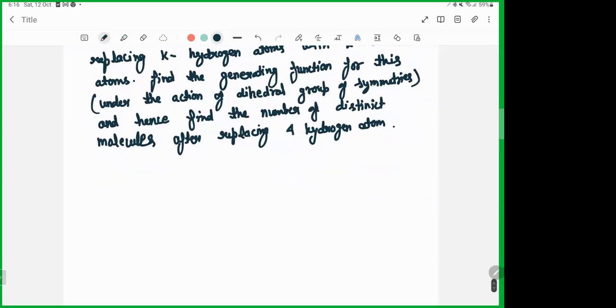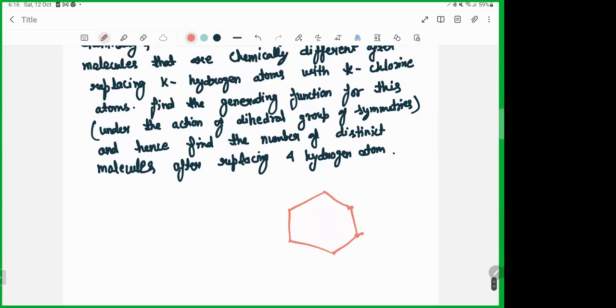So what is a benzene molecule? Benzene is this thing, and at each corner a hydrogen is attached. So now he is replacing hydrogens. What is its symmetry group? We know its symmetries are the dihedral group D6, the symmetries of a regular hexagon.